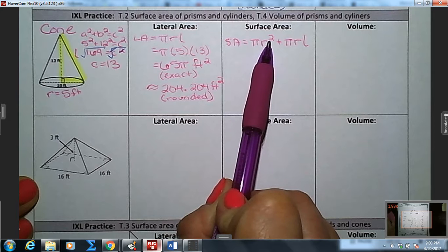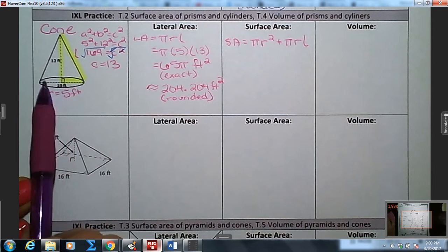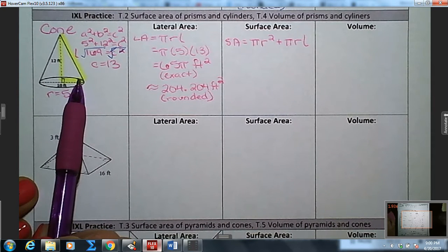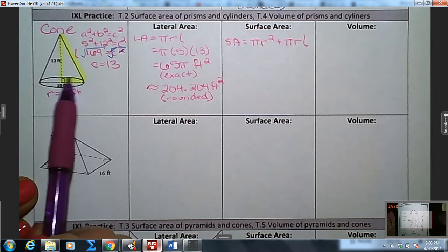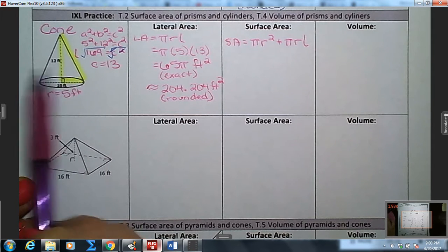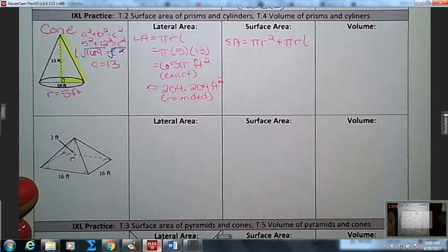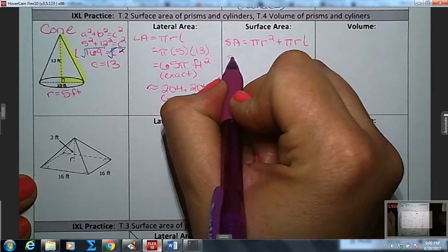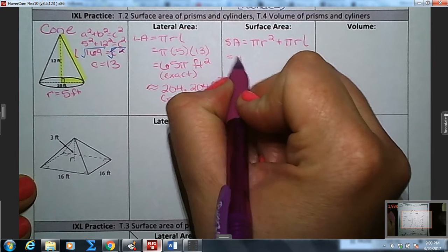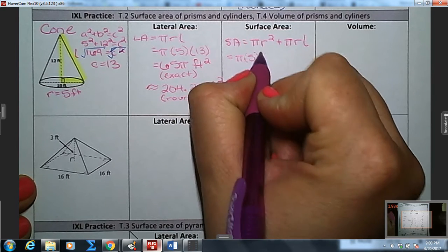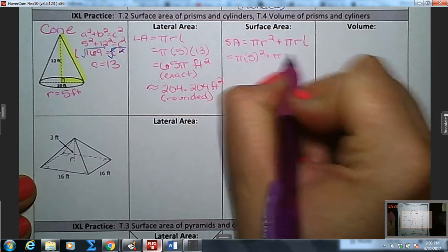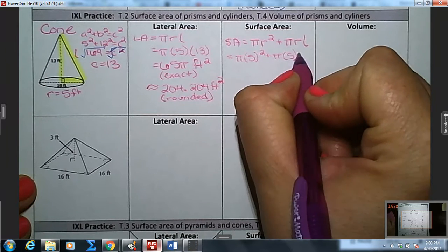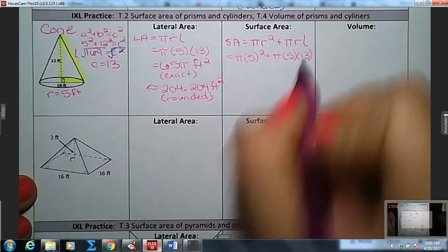Pi r squared is the area formula of a circle. So we're saying this is the area of this base circle plus the lateral area of the cone. Radius is 5. Slanted height we already know is 13.